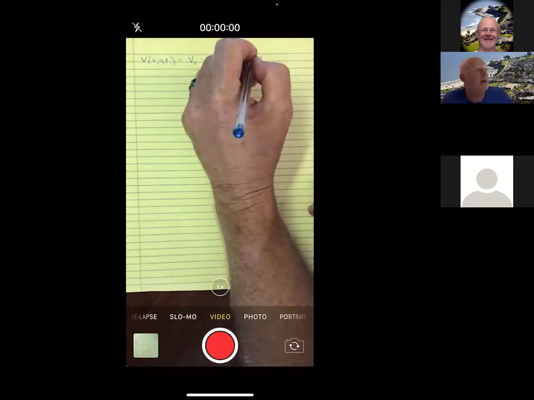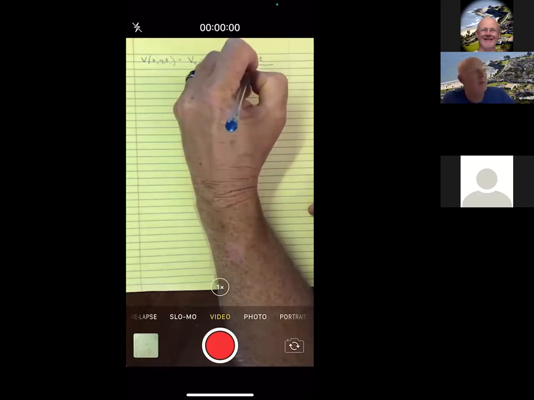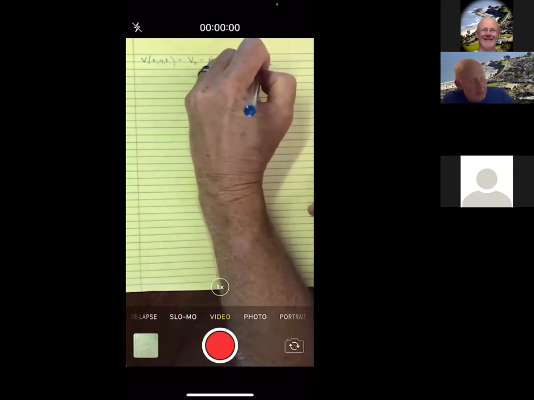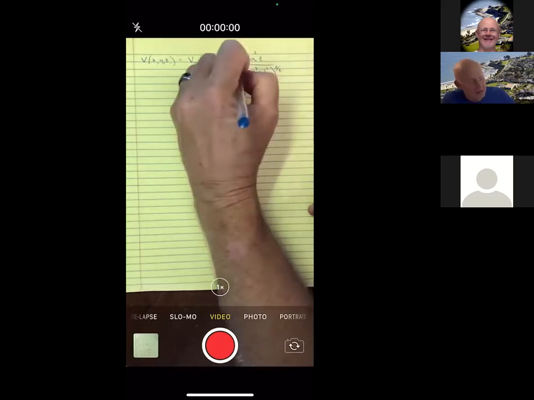I better talk about A. I think A is the radius of this. I don't remember seeing an A in the problem.